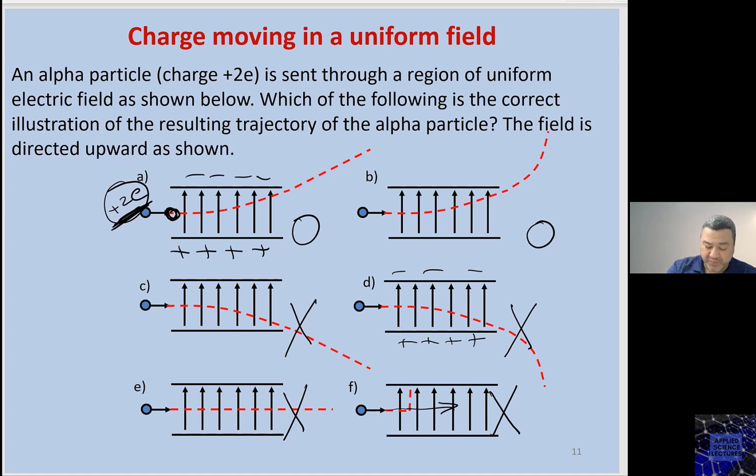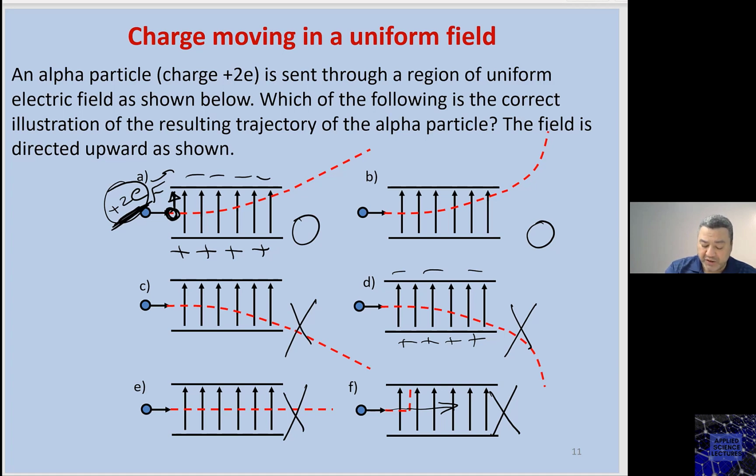Well, since it is positive, it has to be in the same direction as the electric field. So it will be pointing upward as well. Now, what's this force going to do? This force is going to apply an acceleration on this particle, which basically causes it to develop a velocity going upward.